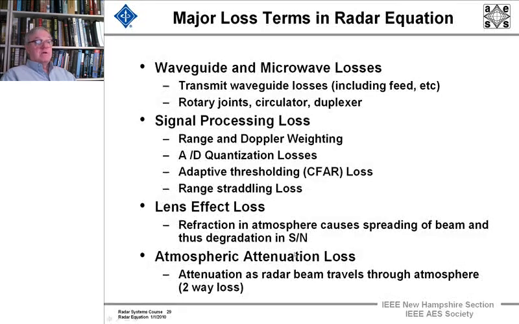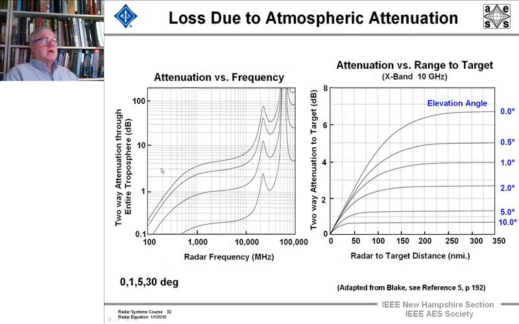And then atmospheric attenuation losses. This is the attenuation as the radar beam travels through the atmosphere, and it's a two-way loss. Here we see the two-way attenuation through the entire troposphere as a function of radar frequency, for 0, 1, 5, and 30 degrees.